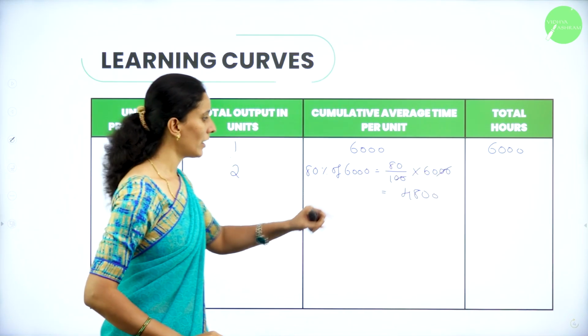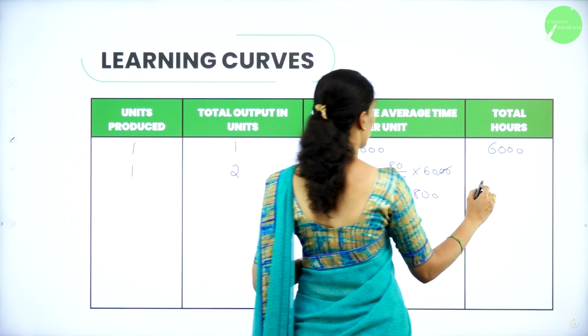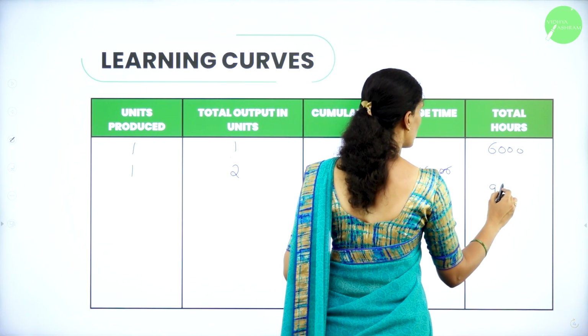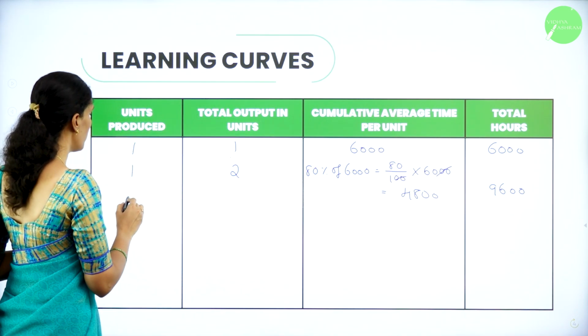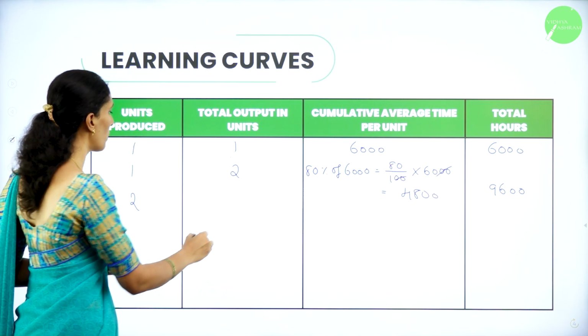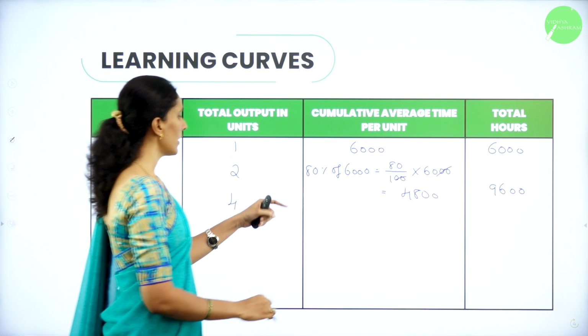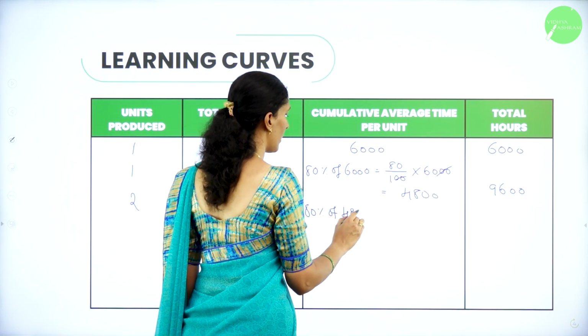Now what about the total hours? 4,800 into 2, that is 9,600. Next, we will produce 2 units at a time. So total output is 4 now. And this is again 80% of 4,800.